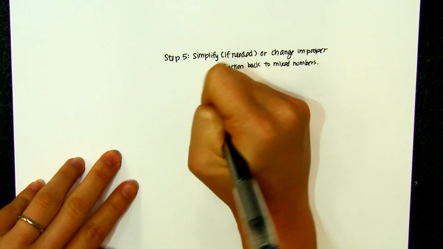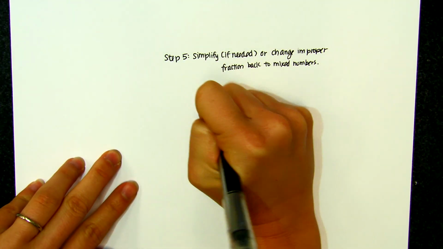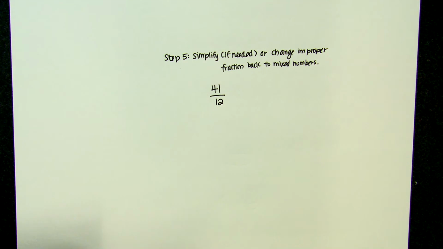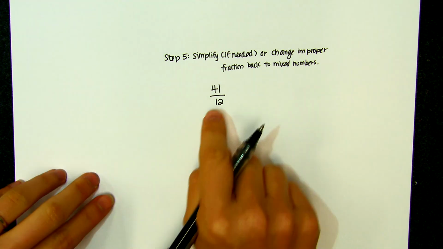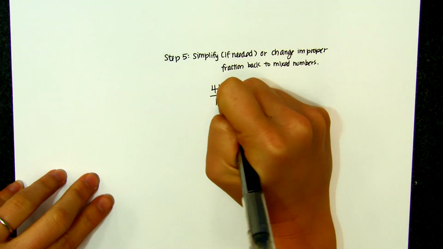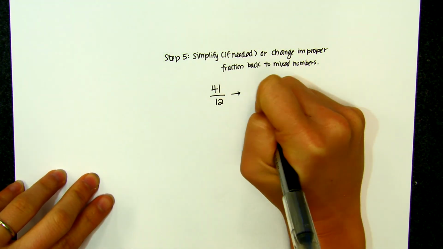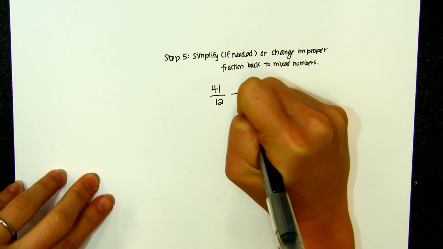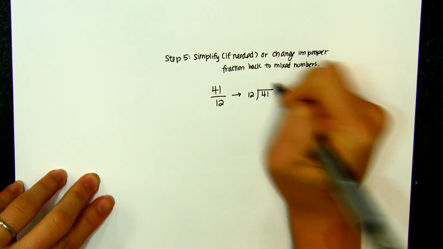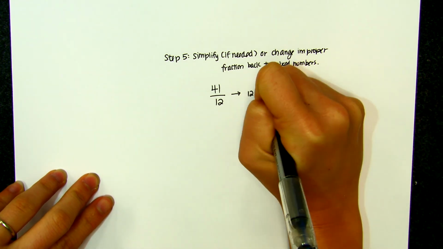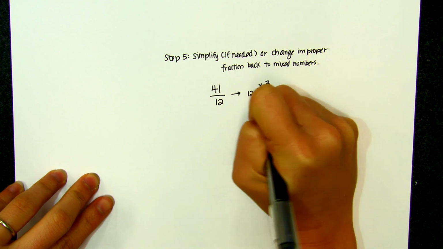But since it's 41 over 12, I'm going to show you how to change this back to a mixed number. It's kind of the opposite of what we did for changing it to improper. 12 can go into 41, so I'm going to rewrite this. It's a division problem, basically. 12 cannot go into 4, but 12 can go into 41 3 times. 3 times 12 is 36.